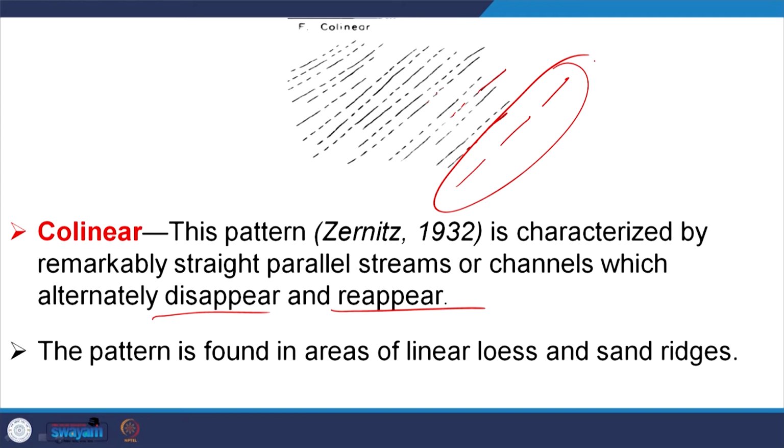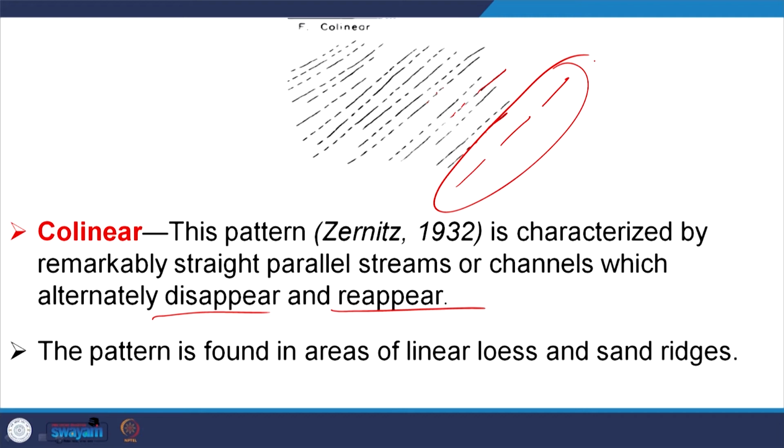This pattern is found in areas of linear loess and sand ridges. Sand is porous and permeable, but loess is porous but not permeable.